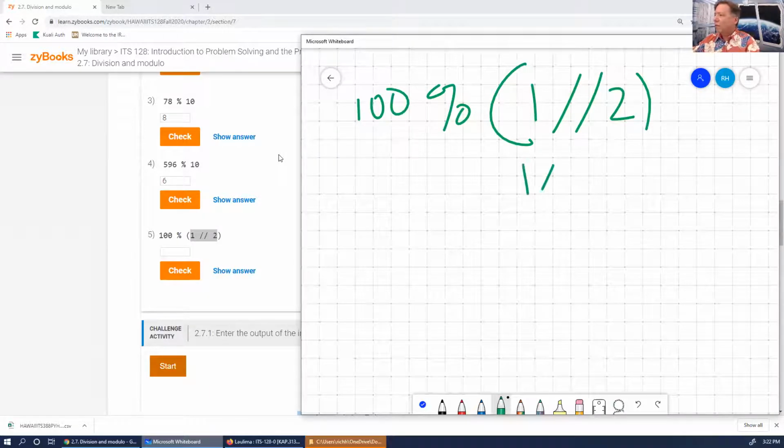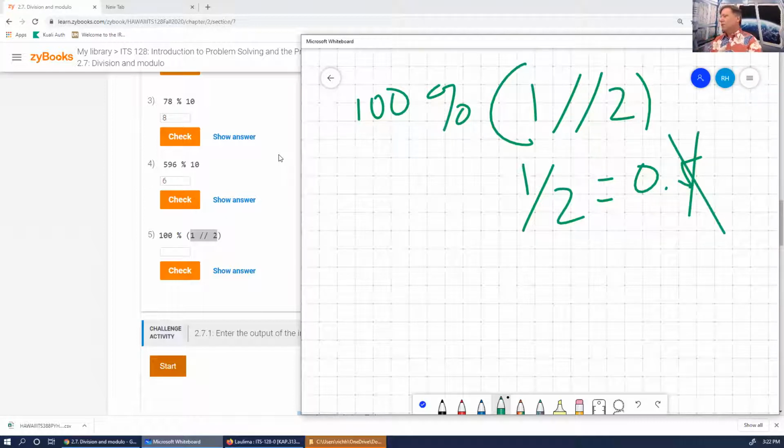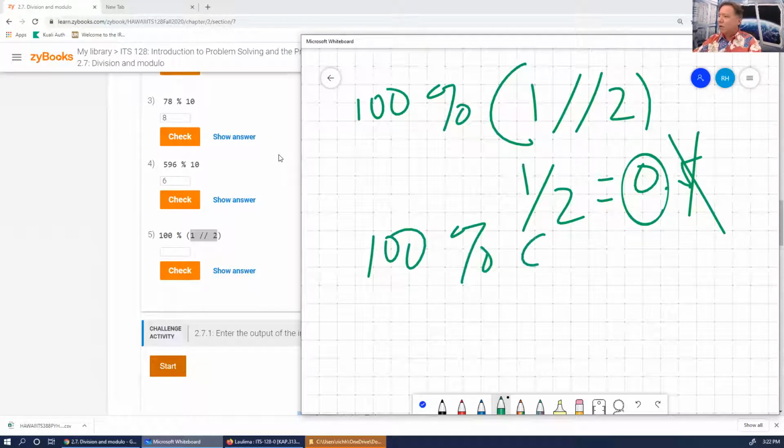Well, 1 divided by 2 equals 0.5, right? But when we do a double slash, we hack off anything to the right of the decimal point, and we just use this. So 1//2 is just 0. It's not 0.5, it's just 0. So now we have 100 mod 0.